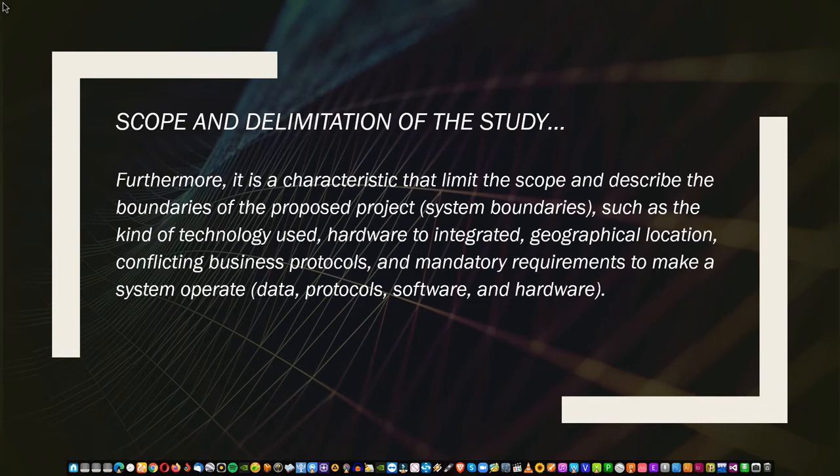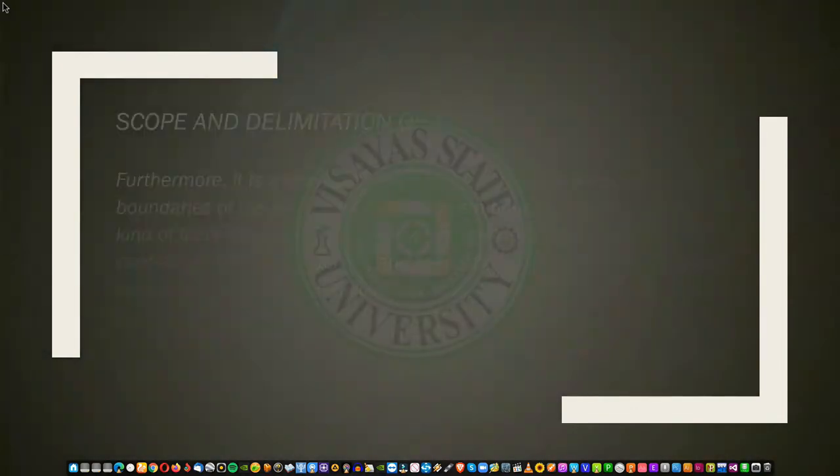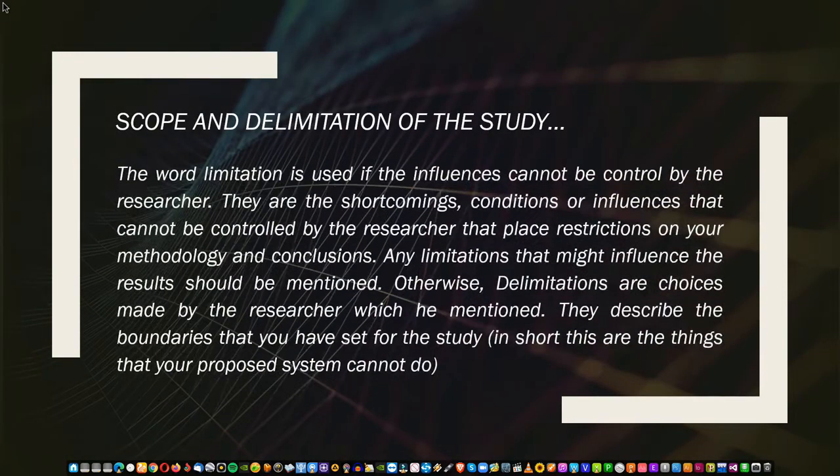So kung naay mga added features, it must be within the scope. You must play within the scope of the business. Okay, and mandatory requirements to make the system operate. So for example, data, protocol, software, and hardware.